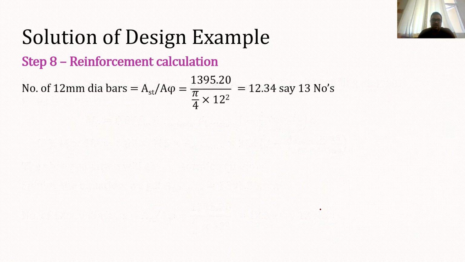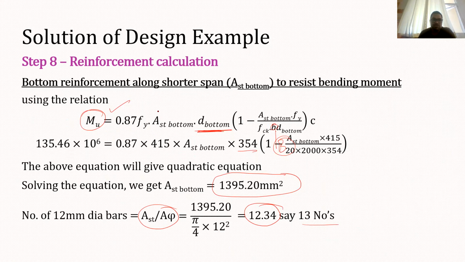Similarly, in the similar way, we can calculate AST top also by using the same relation. But in that relation, we will simply change the value of D top, again showing you the same. The only change will be D top, and this will be named as AST top.